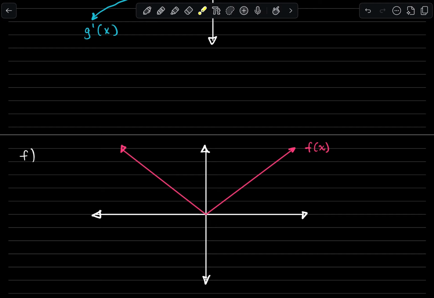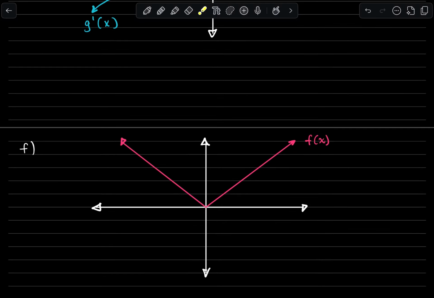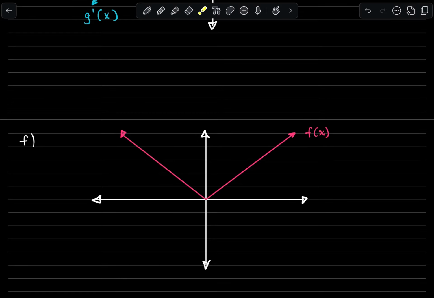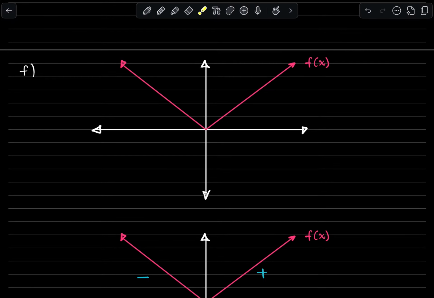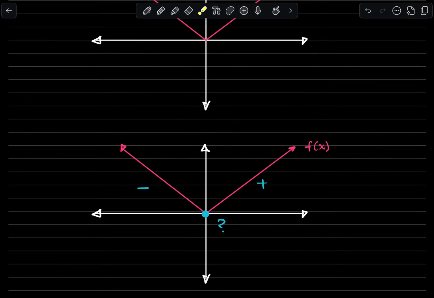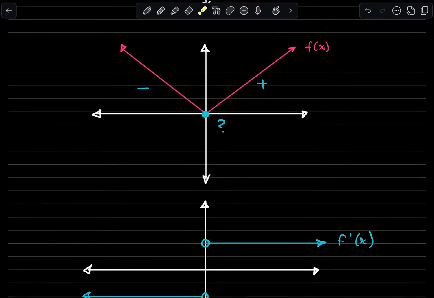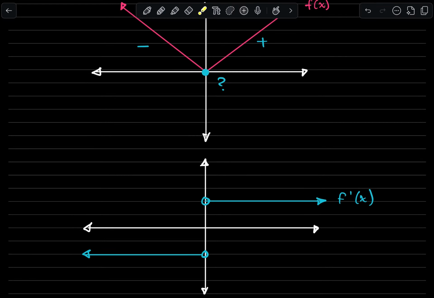And for that reason, the slope here is actually indeterminate or undefined, okay? So we don't actually try to assign a numerical value to that. So what are we going to do? So if we have a -1 and a 1, and then we have some sort of indeterminate slope here, when we go to graph this, we're going to make sure that we put a hole in the graph at that x equals 0 point.